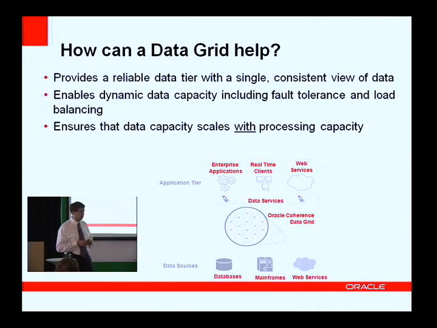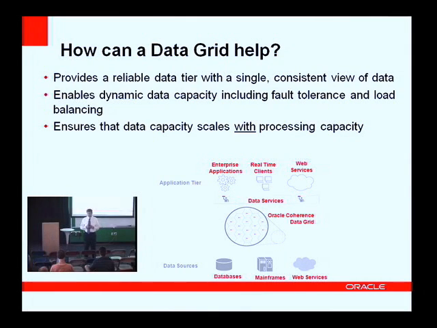So what's a data grid? Basically, it's something that manages information in a grid environment, lots of servers working together. But it's a little different from a traditional grid where the servers run independently and don't really rely on each other. It's not a stateless infrastructure. It's actually an infrastructure explicitly designed to manage state.